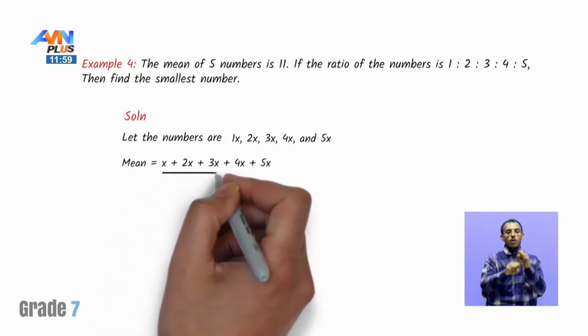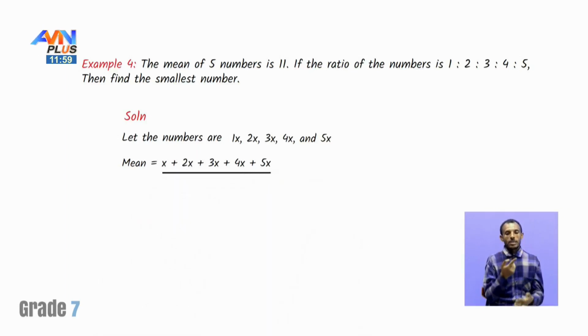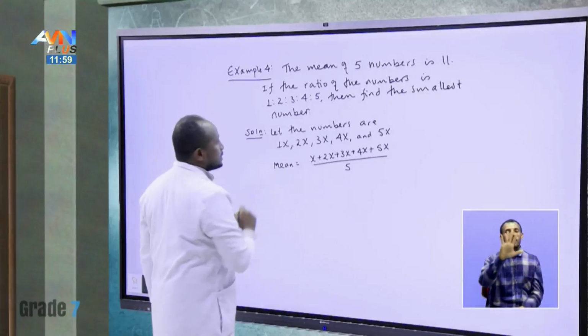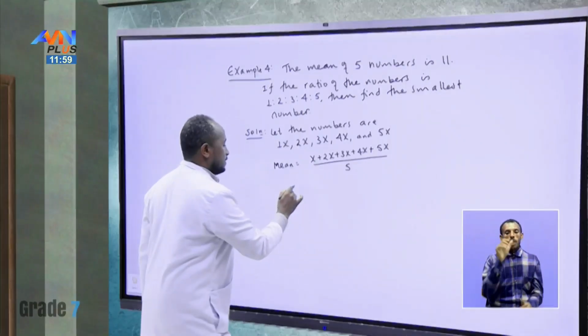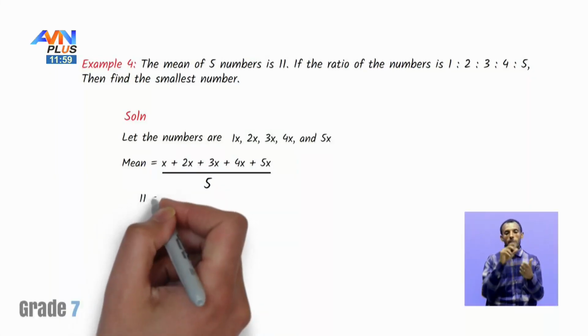So we divide this sum by the number of data. Here we have 1, 2, 3, 4, 5 numbers. We divide by 5. But the mean is given. The mean is 11. Therefore here 11 is equal to this sum.